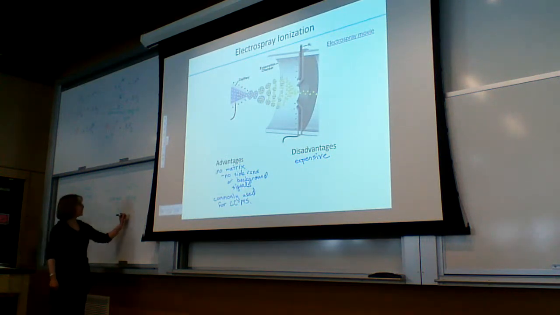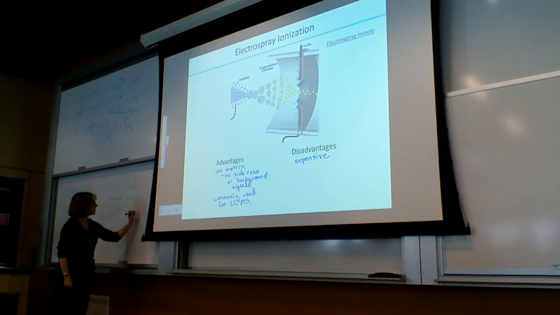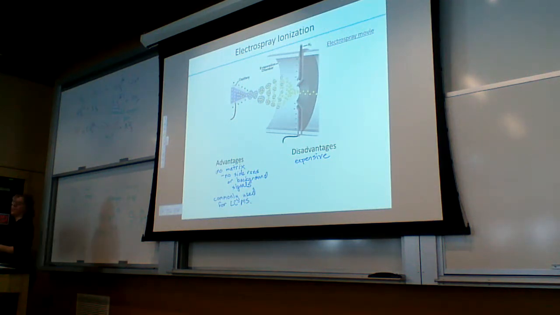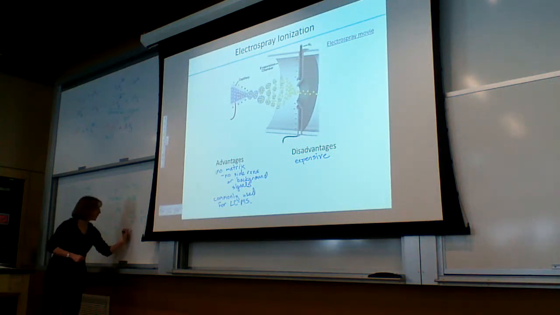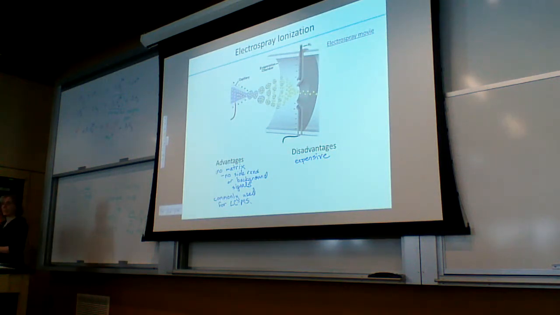This can give us mass to charge ratios of your molecular ion divided by 2, divided by 3, whatever N equals, you're going to get different ions that you're detecting.